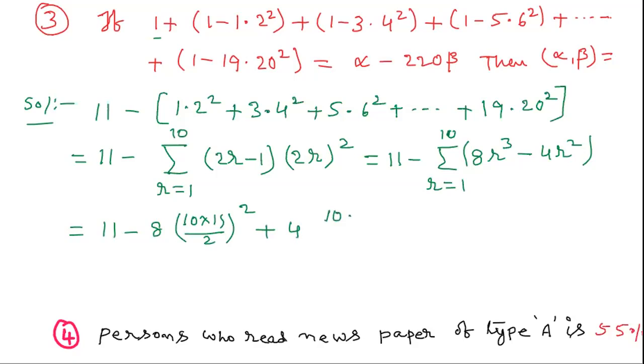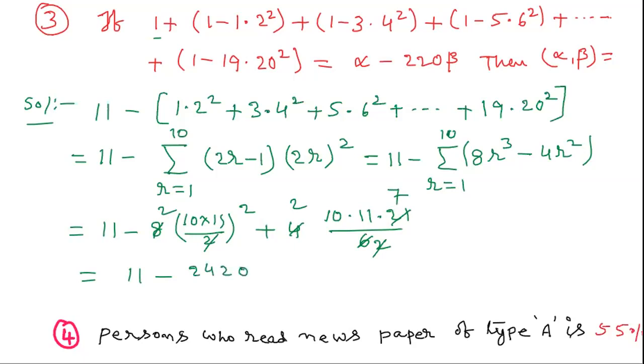10, 11, 21 divided by 6. Now observe the calculation here. 3 2s are 6, 3 7s are 21. Okay. Now 2 2s are 4. Next, denominator 2 square is 4. 4 2s are 8. Now this is 11 minus, 11 square is 121. 121 into 2, 242, into 10 square.